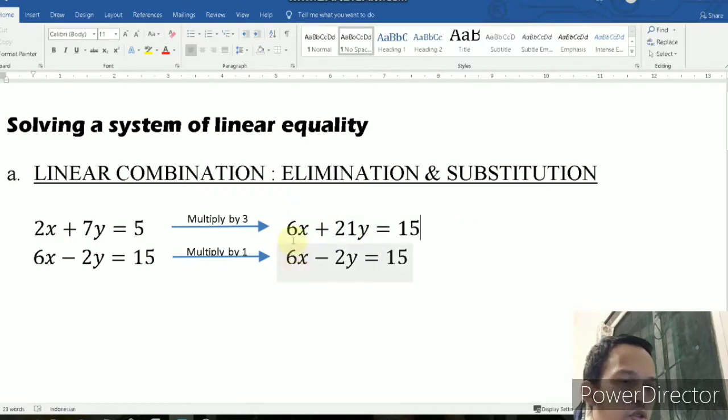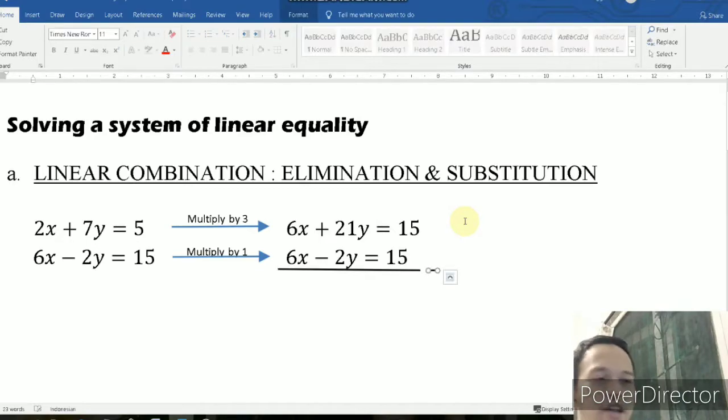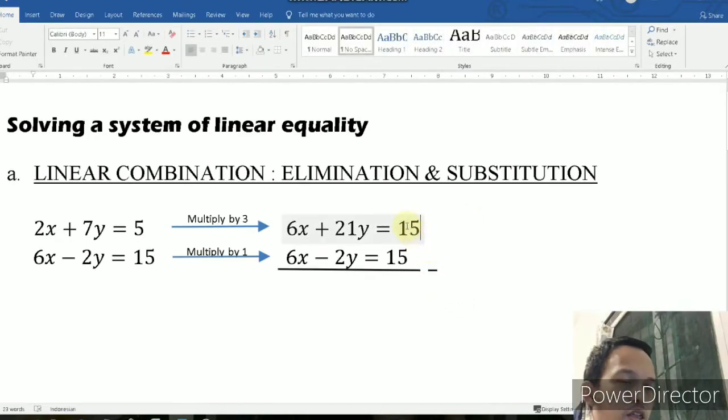The next step is we eliminate the x. Since both coefficients are positive, I will eliminate by subtraction. So I will subtract both functions, and this is the result. 6x minus 6x equals 0. 21y minus negative 2y becomes 21y plus 2y equals 23y, equals 15 minus 15, which is 0.